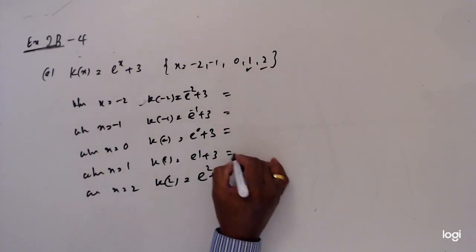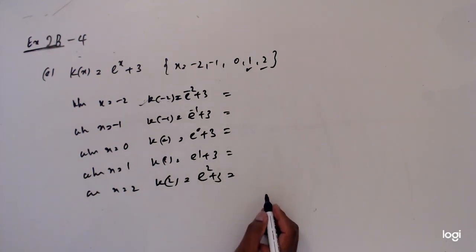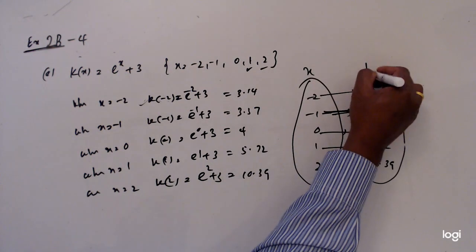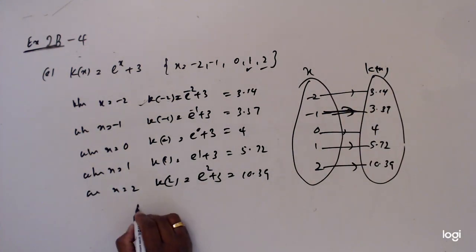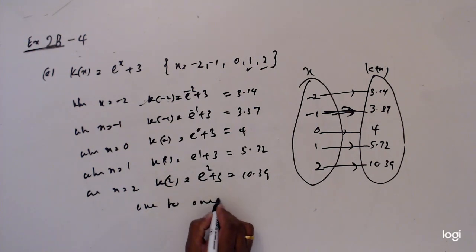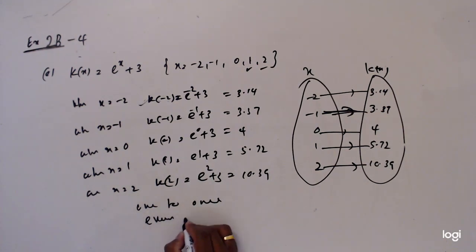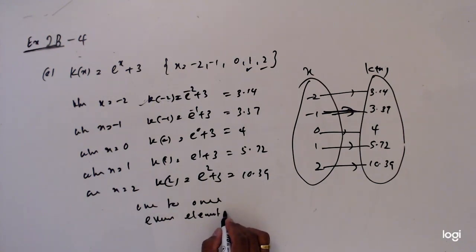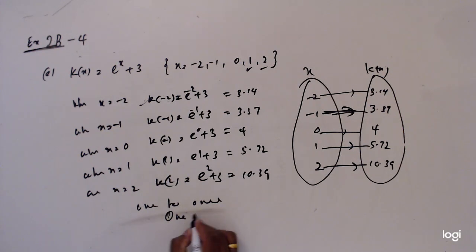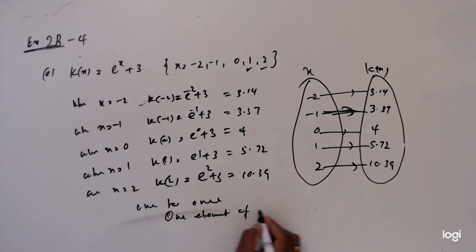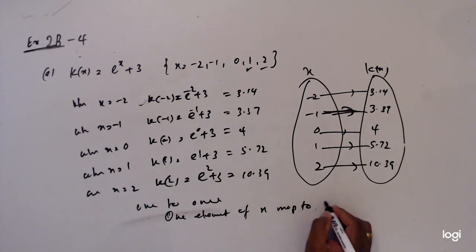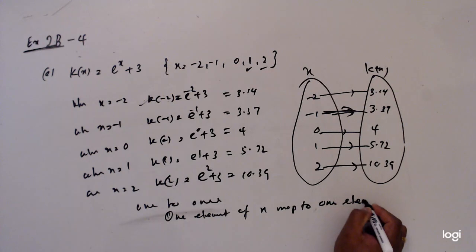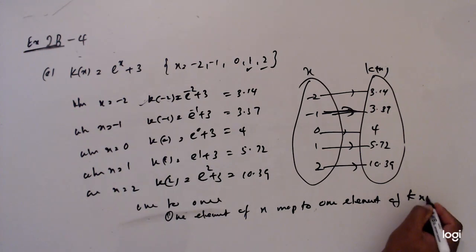We have to use the calculator to work these out. I will put the answers in x and k(x). We can see this is 1 to 1, 1 to 1. Every one element of x maps to one element of k(x).